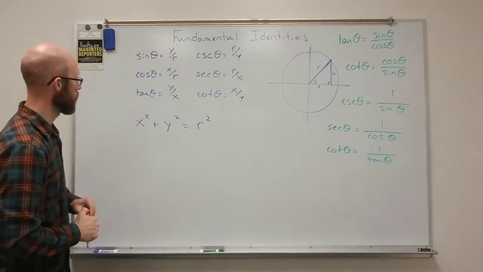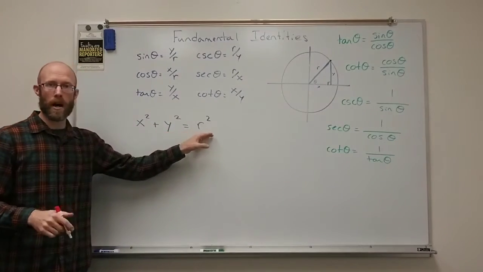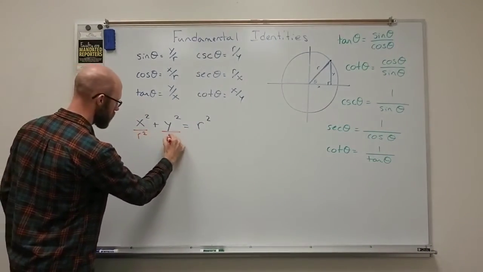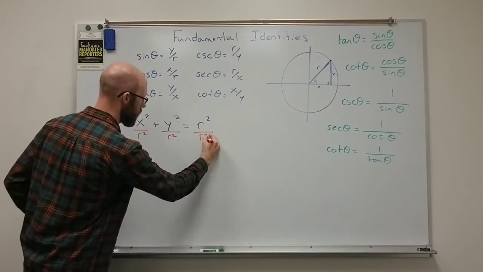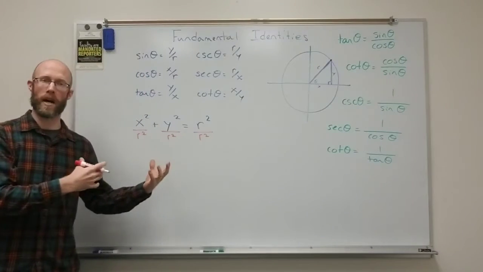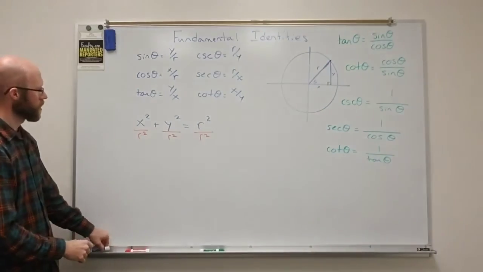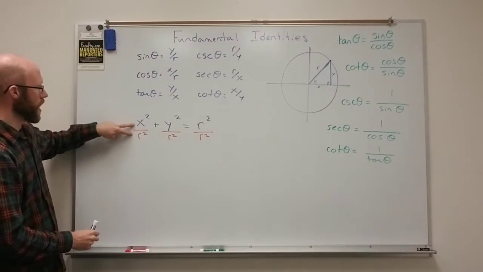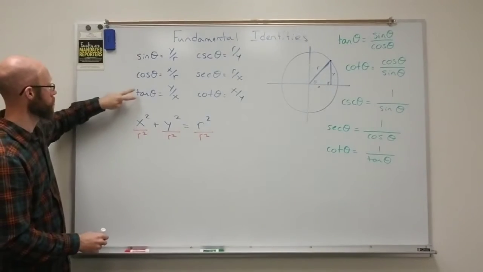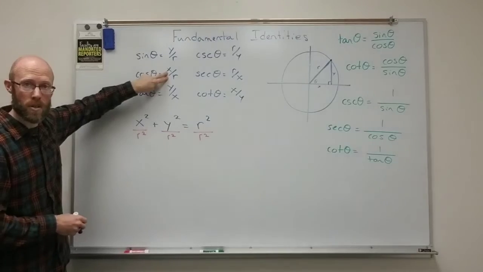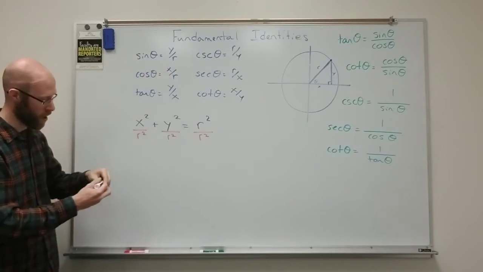So for instance, if I were to divide each of these by r squared, essentially I'm dividing both sides of the equation by r squared. Then what we're looking at here on the left is x squared over r squared, which is the same as the square of the cosine, because cosine is x over r.